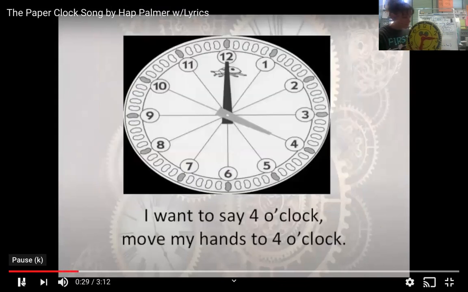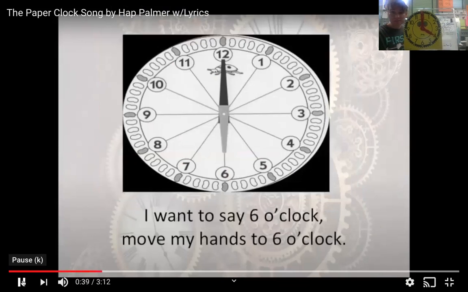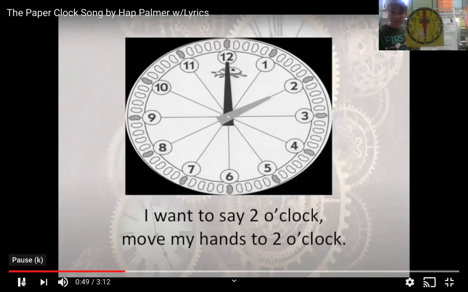I want to say 4 o'clock, move my hands to 4 o'clock. I want to say 6 o'clock, move my hands to 6 o'clock. I want to say 2 o'clock, move my hands to 2 o'clock.